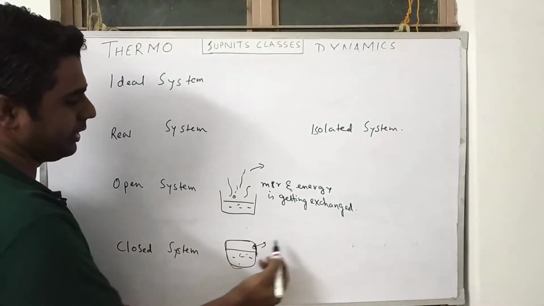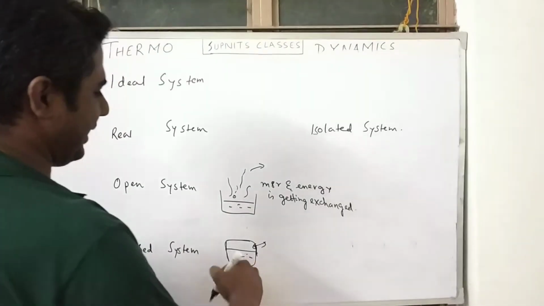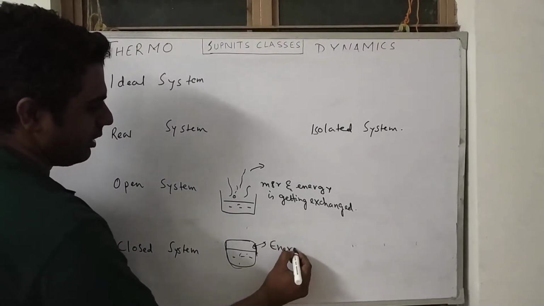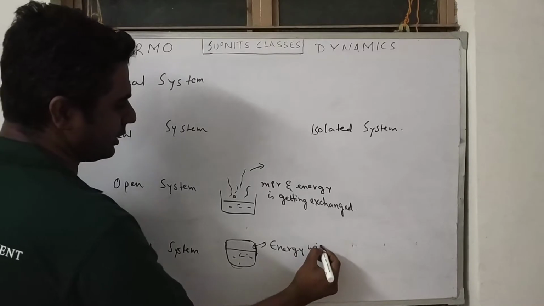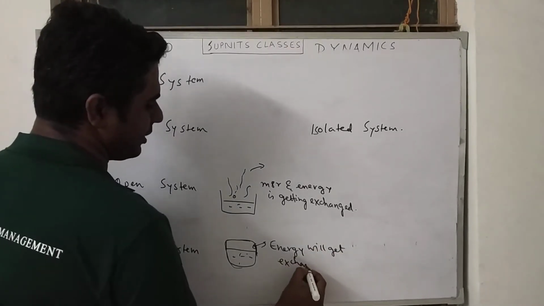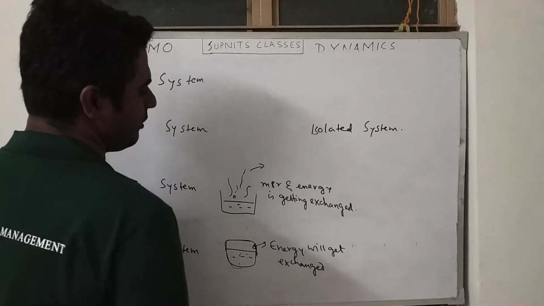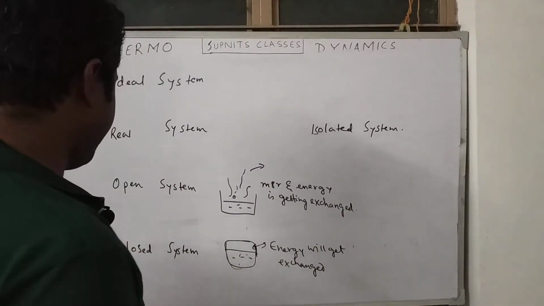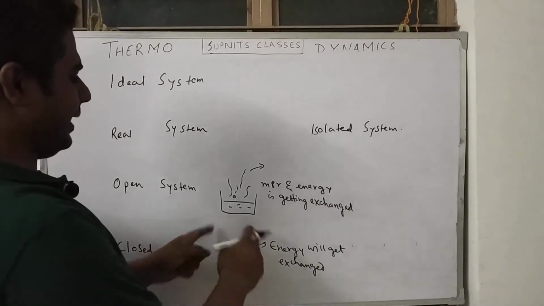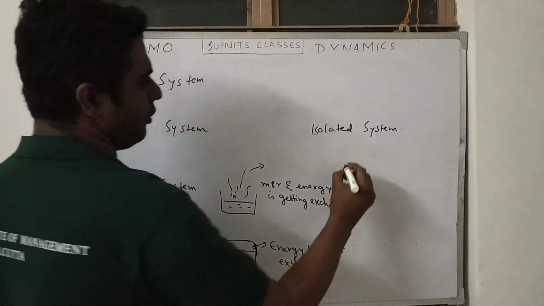Okay, there will be conduction, there will be transfer of heat. So matter out तो होगा नहीं, but energy will get exchanged with surroundings. Now, in case of isolated system, there is another modification that we have to do over this one.